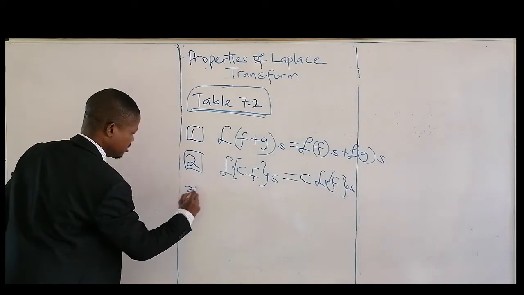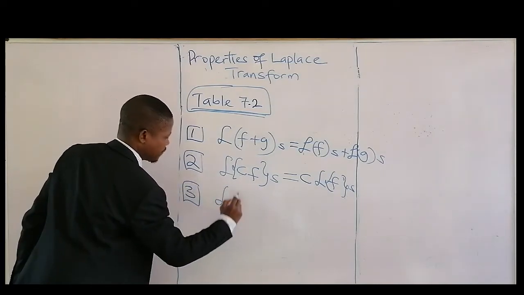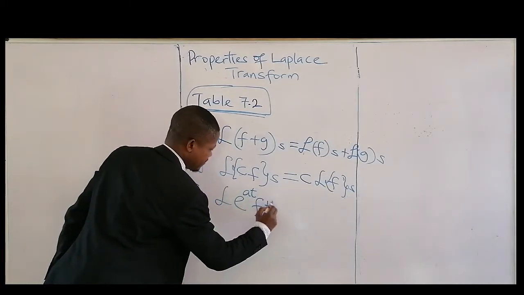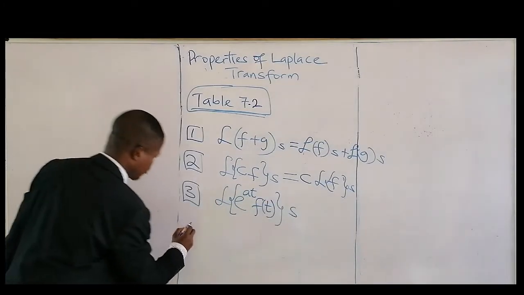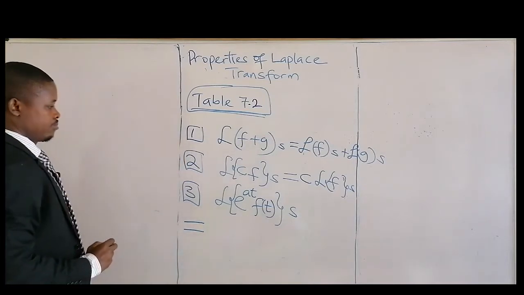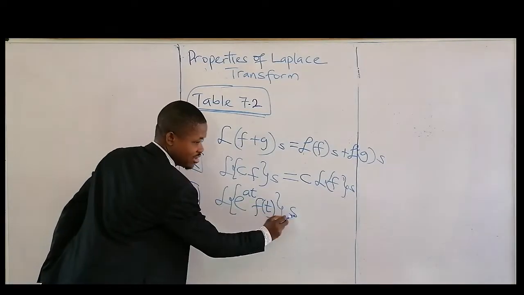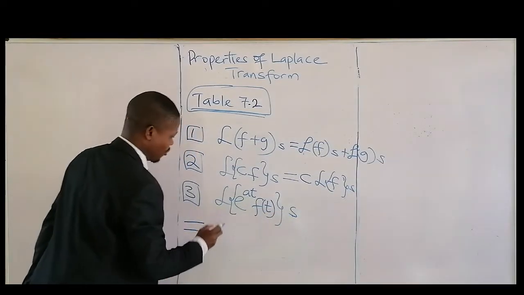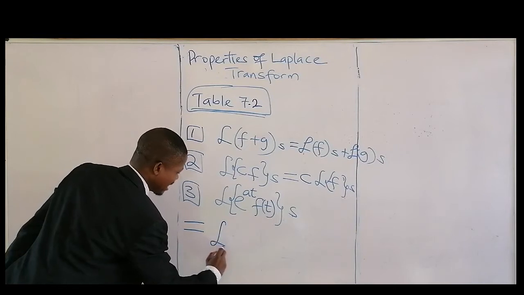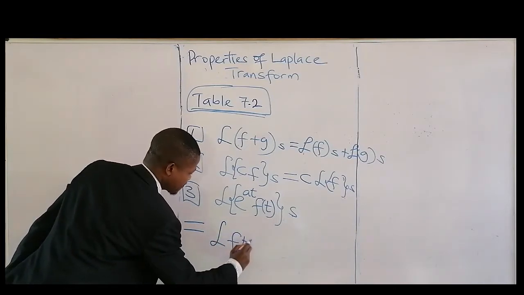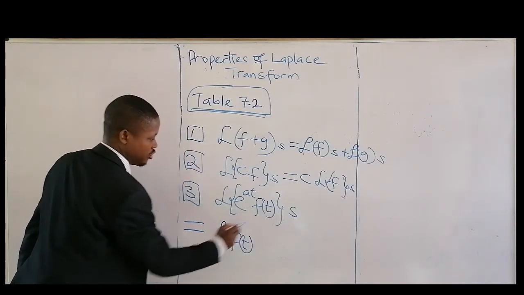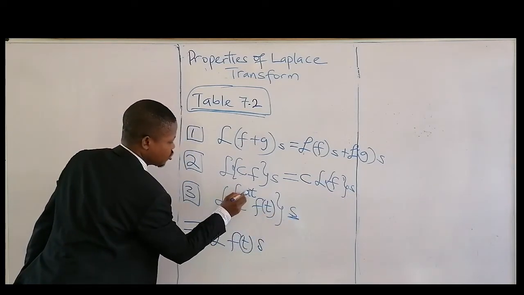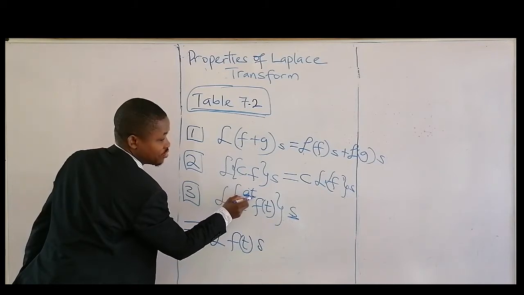The third one is Laplace of exponential e to the at times f of t. Don't forget your domain here is the s domain. This will be equal to Laplace of f of t, but your domain will now change, so it will be s minus a, the coefficient of the attachment to t.